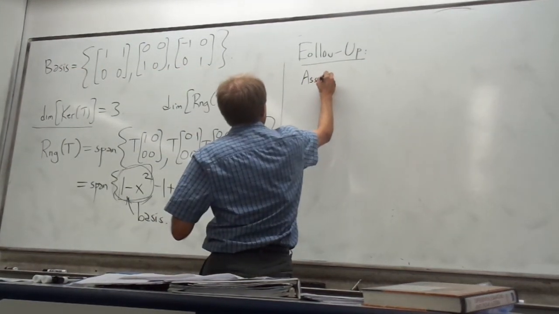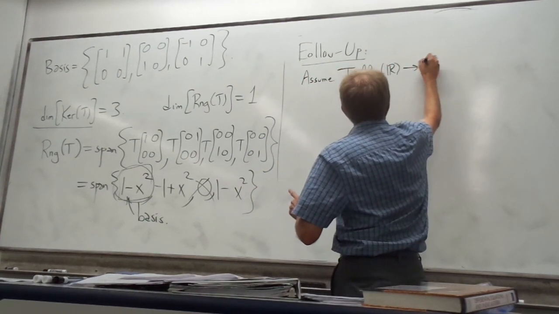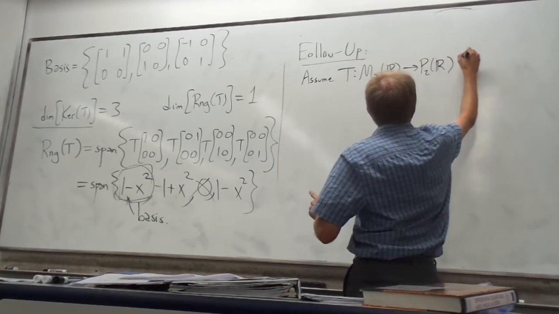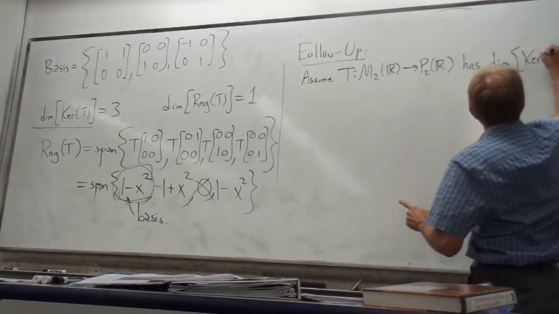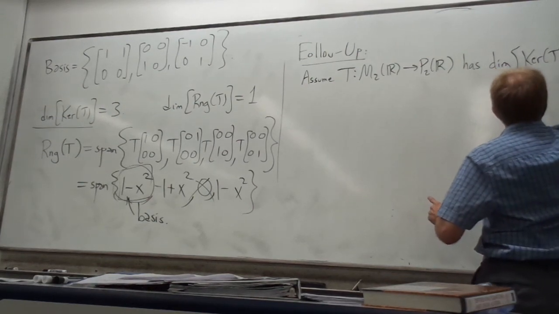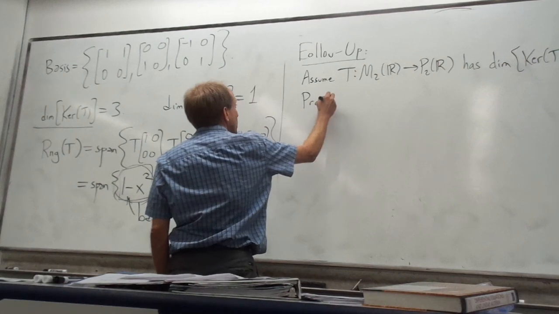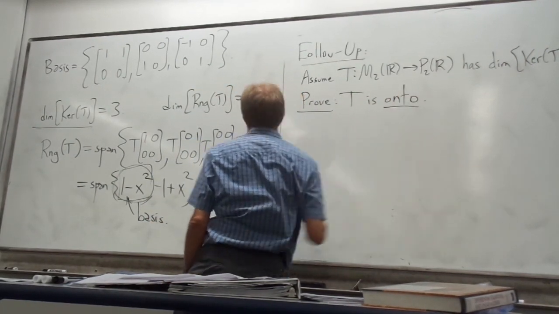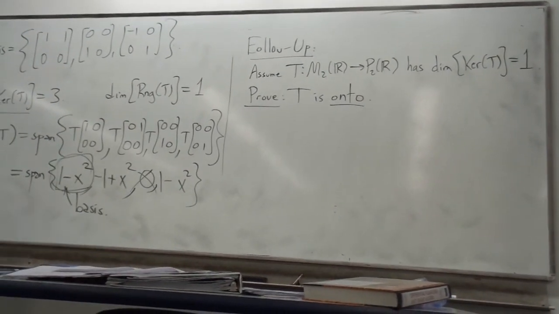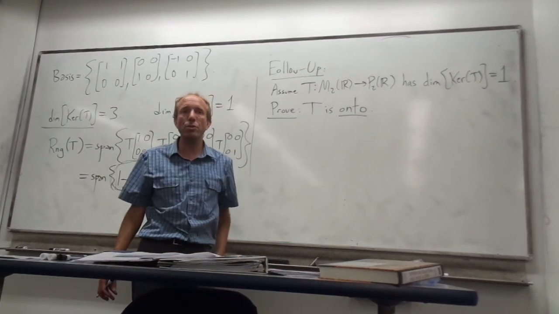Assume T from M2 of R to P2 of R has the dimension of the kernel of T equal to 1. Prove T is onto. So this is theoretical. I'm not even really giving you the formula here. I'm not telling you what the transformation actually is, but let's just suppose I gave you that.